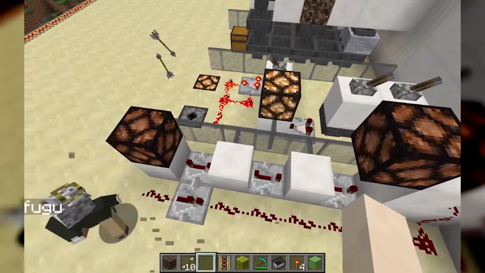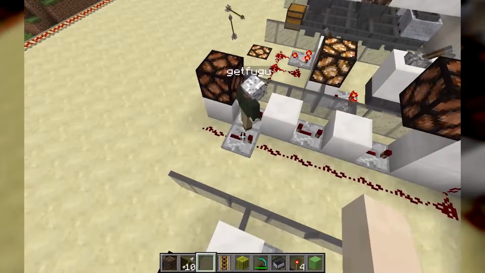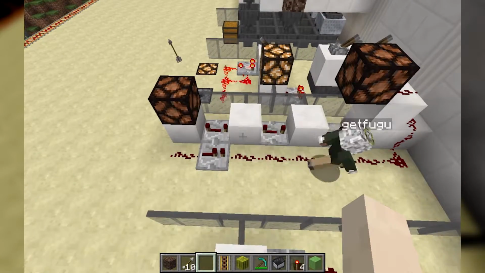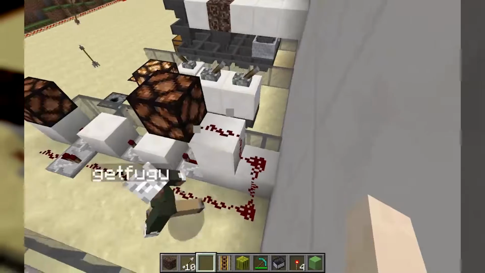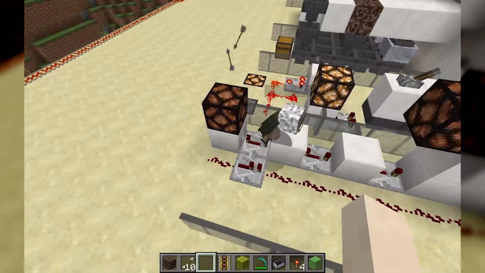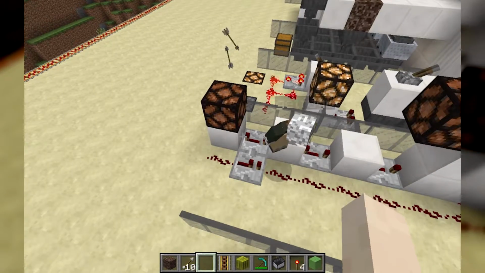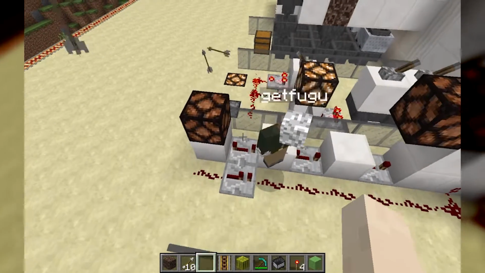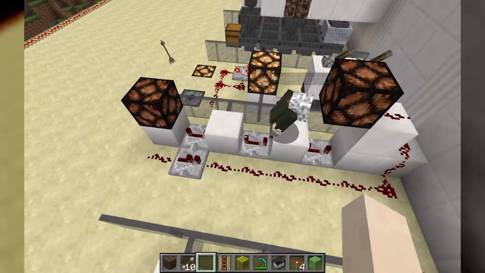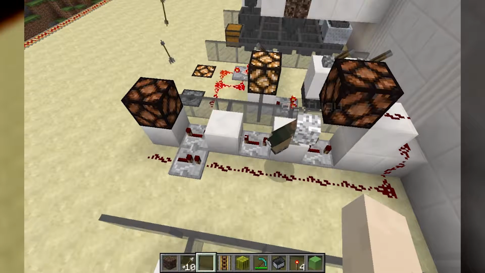And the way that happens is this button powers both this repeater and this repeater. And this repeater just goes straight through and turns this lamp on. But this repeater takes a bit of delay and then powers this redstone dust. And then this repeater also powers this repeater, which takes a little bit of delay and then powers the redstone dust next to it.